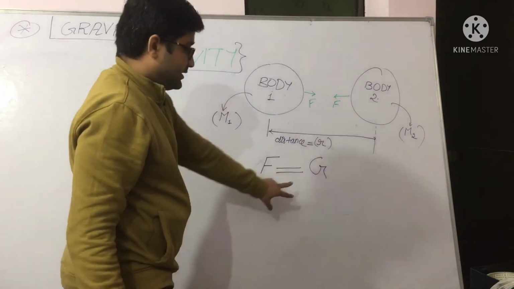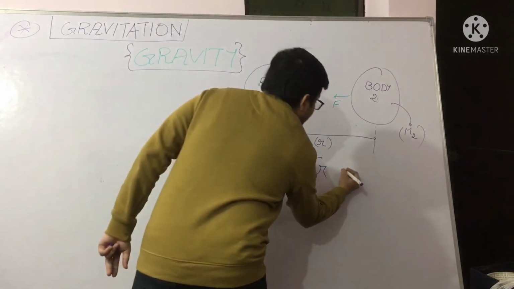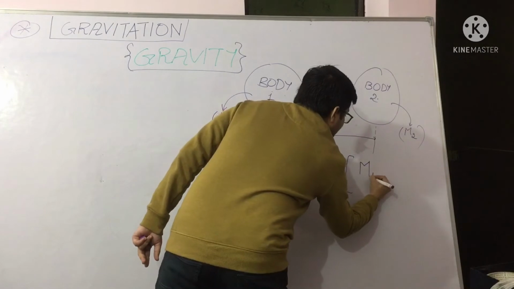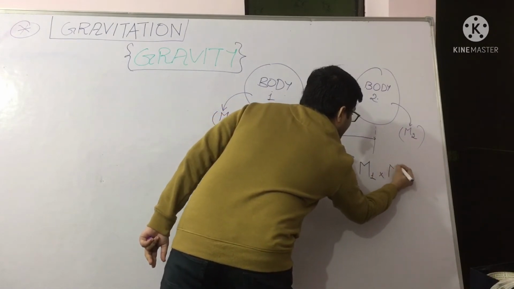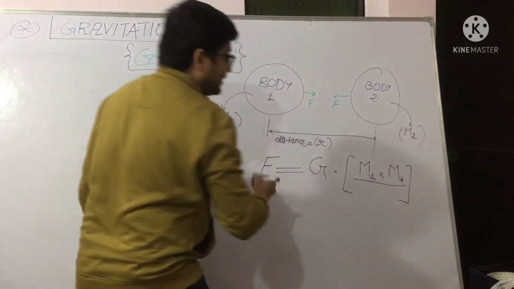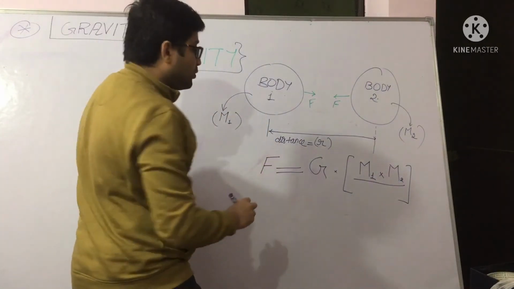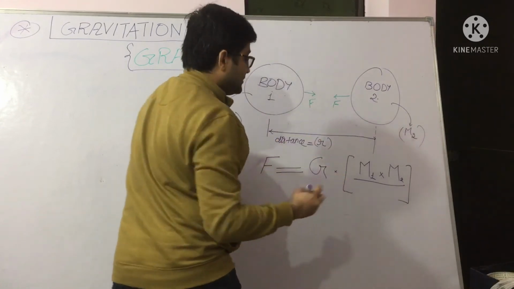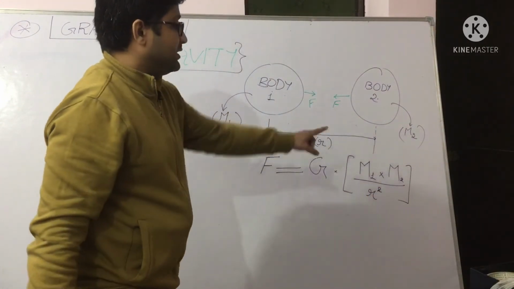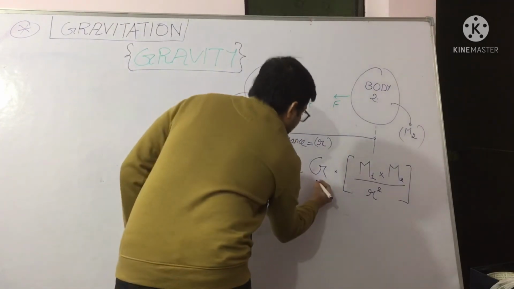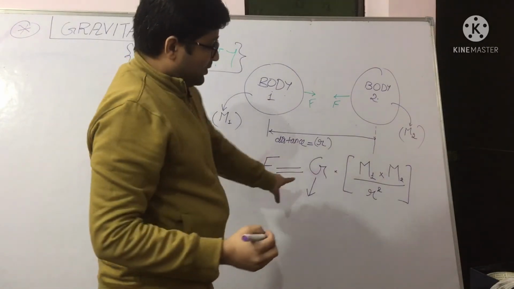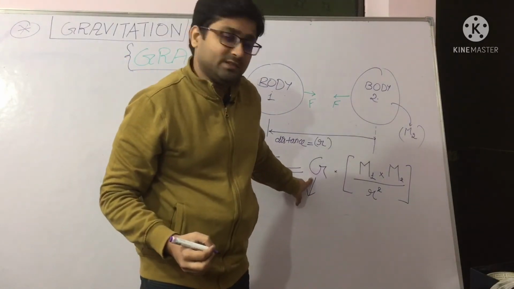First I have written G, I'll tell you what G is, into the product of masses, that is M1 into M2, divided by the distance between the two bodies squared, that means the square of r, where r is the distance between the two bodies. And this G is nothing but the gravitational constant.